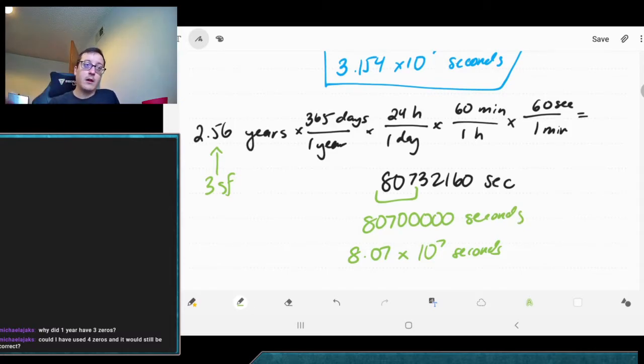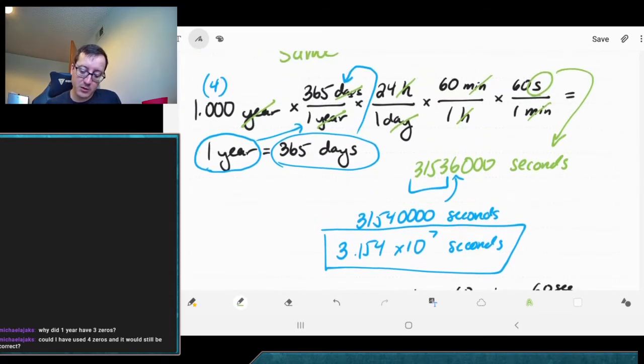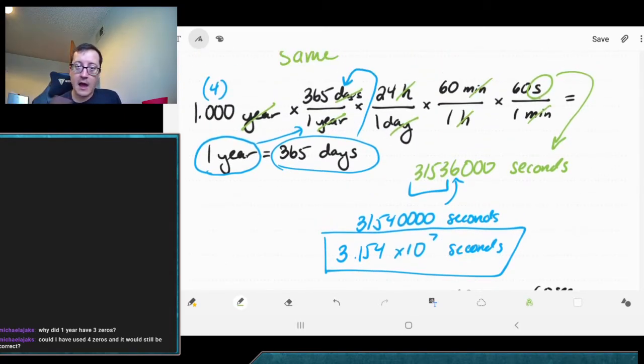So it really just depends on what you're given. So I would not add an extra 0, because if I tell you 2.56 years, that means I have measured 2.56 years. If I have measured 1.000 years, I would not put an extra 0 on that, because then you're changing the significance of the starting value.